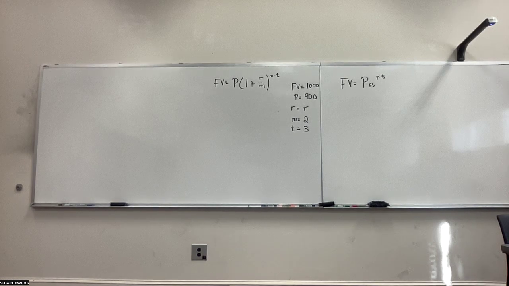We can't do what's in the parentheses yet, because order of operations says we do the exponent first. So we can do this exponent, and that's the sixth power. What's the inverse of the sixth power? The sixth root. So you're going to use this funky little button right there that allows you to pick any root you want.